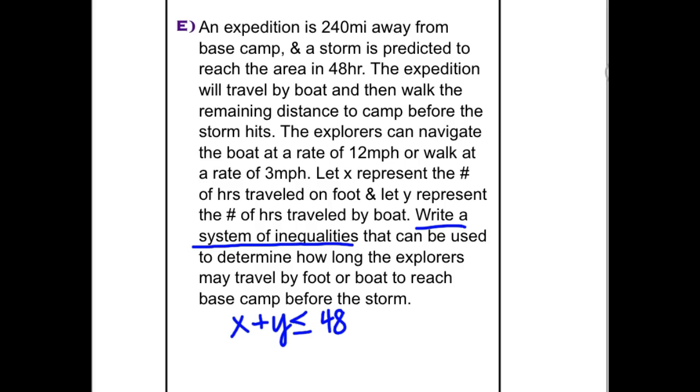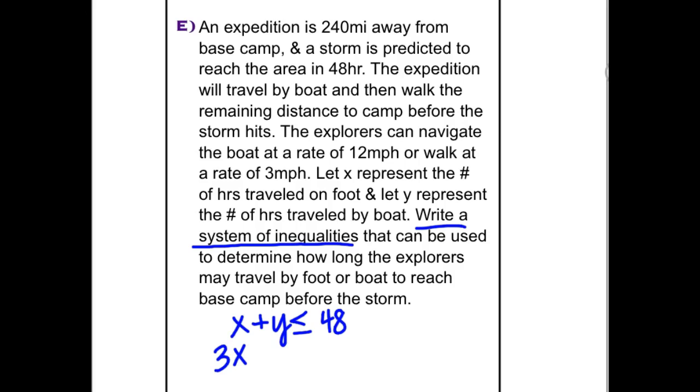Now, think back to last unit with systems of equations with the Miss Maida example, and hours times miles per hour is going to give you miles. That you guys should know, especially if you're in chemistry right now with all of your canceling and your dimensional analysis. So if we take the number of hours that we travel by foot, which is X, times the 3 miles per hour that they can travel while walking, that will tell us how many miles they can travel if we know how big X is.